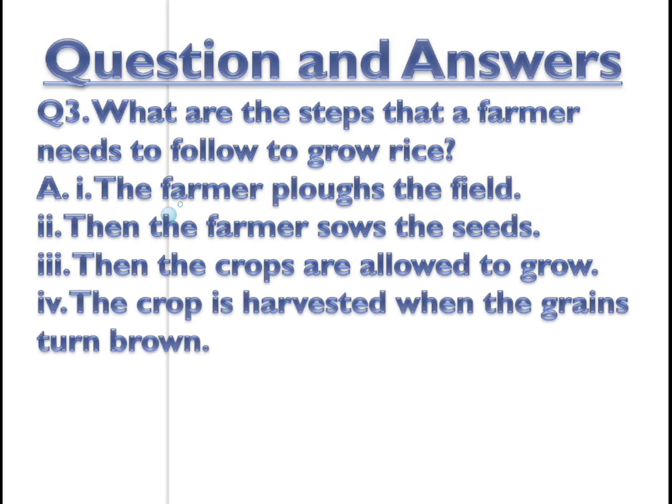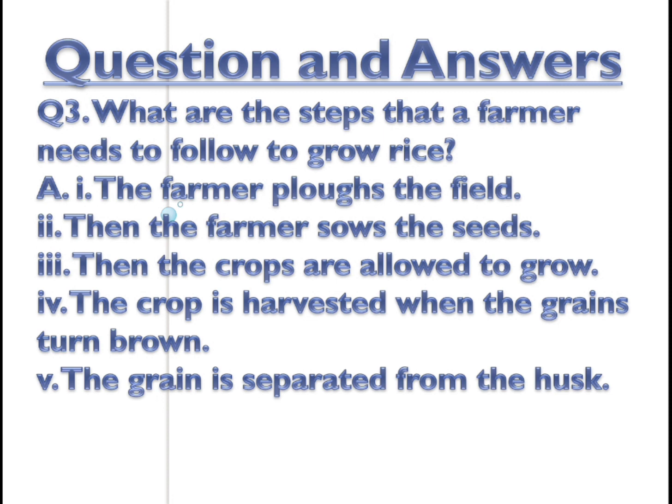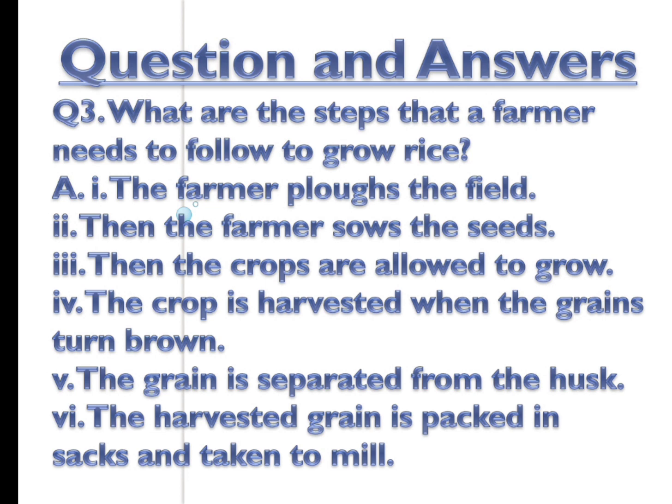And when the crop is grown, turned into brown, then he will harvest the crop, and then he will separate it from the husk, and then it is collected into the sacks and taken to the mill. These are the steps to tell how a farmer grows the rice crop. Children, write this answer in your classwork and please learn it.